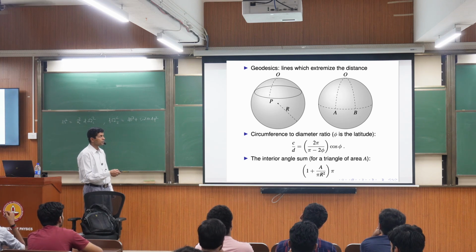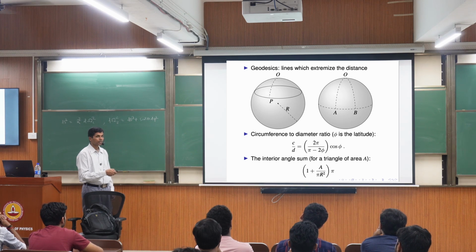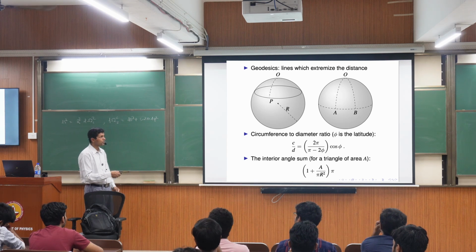So the radius of the circle will be the distance from the origin. Okay, that's the distance on the surface of the sphere. Remember, there is nothing other than the surface of the sphere.